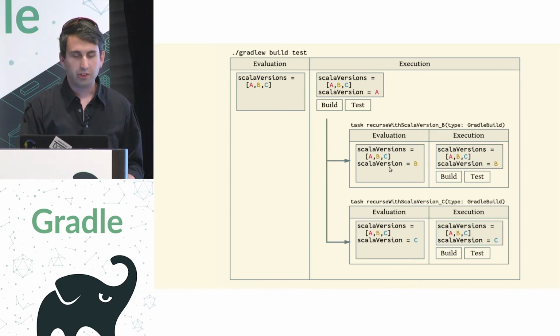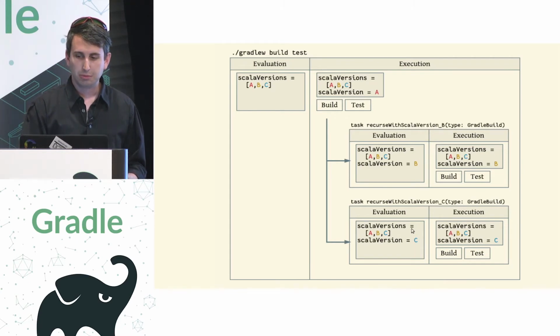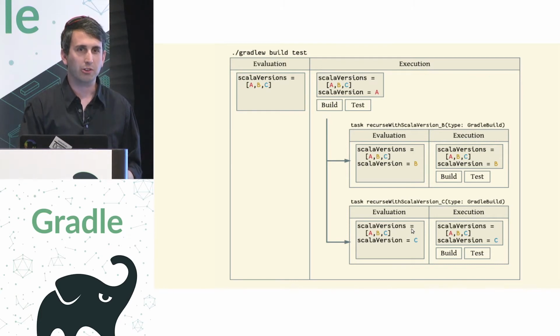So then the plugin, when it sees that Scala version has already been set, knows that it doesn't need to recurse further, and just executes the build and test for that version in that Gradle build execution. And then there's one of those for each one. So I struggled with how to represent this well. Does that make sense?